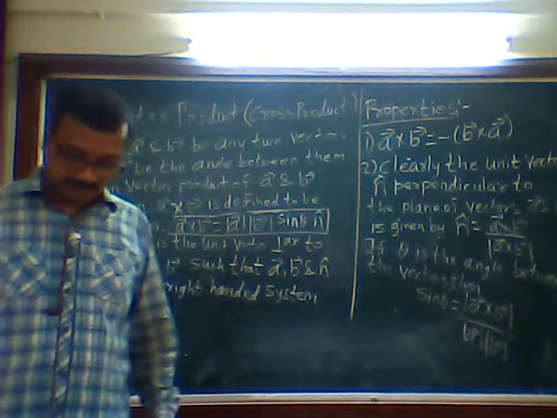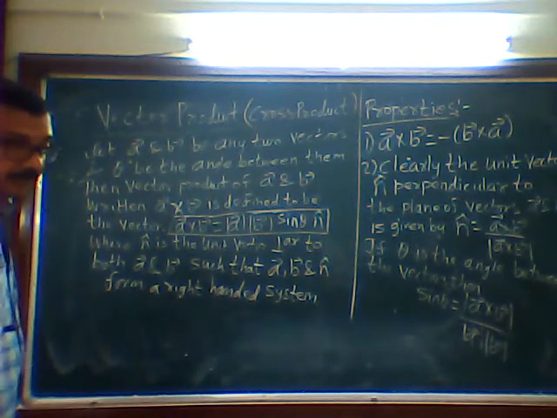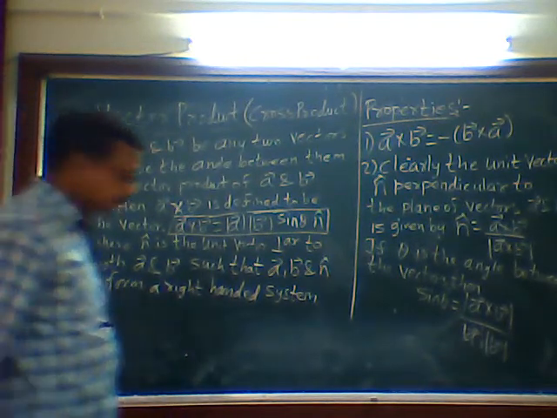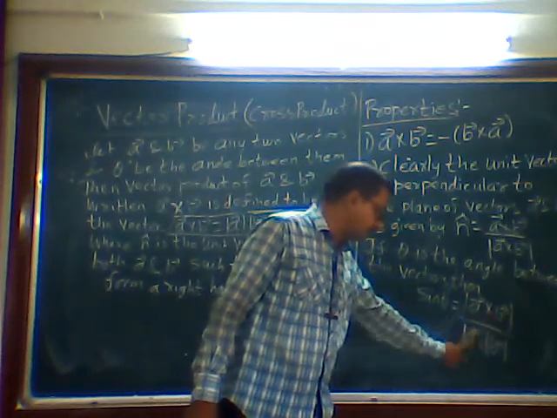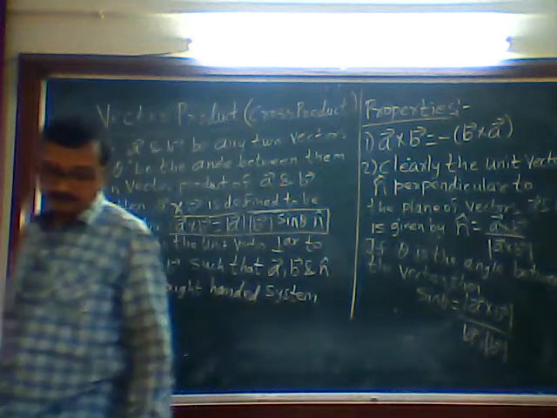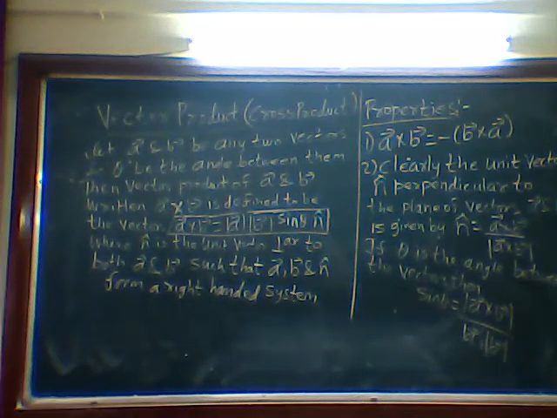Okay, that is the formula. Sin theta is equal to mod a bar cross b bar divided by mod a bar mod b bar. Okay, that is sin theta.